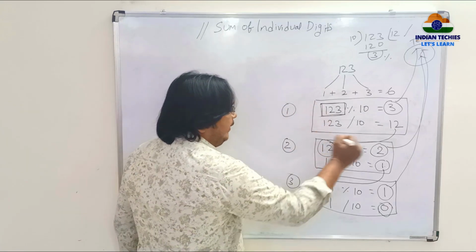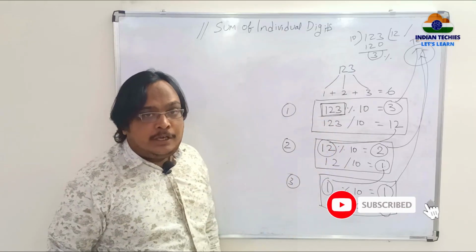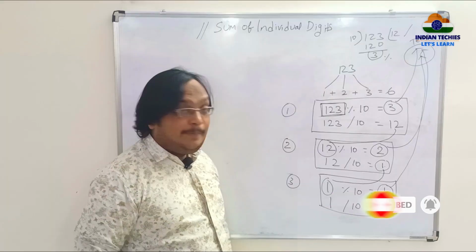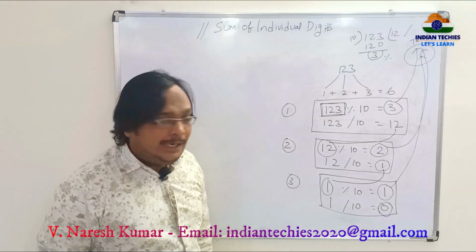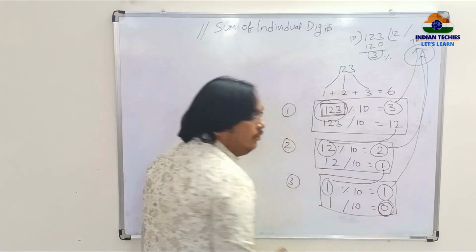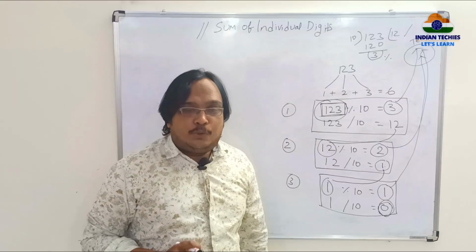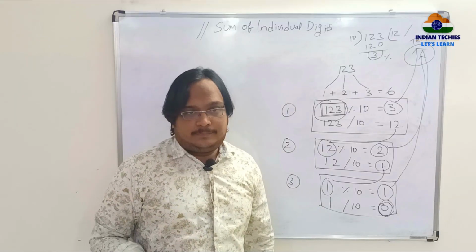The logic is the same, but you have to do it that many times. Till how many repetitions it has to be done, because we have to write a condition in a while. So, you have to write a condition that until my given number becomes 0, this loop has to be repeated. This is the logic of how to calculate the sum of individual digits.